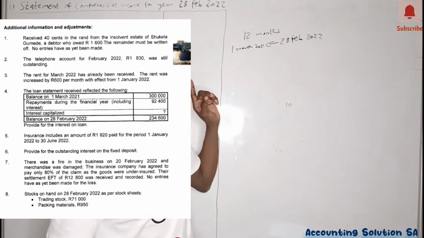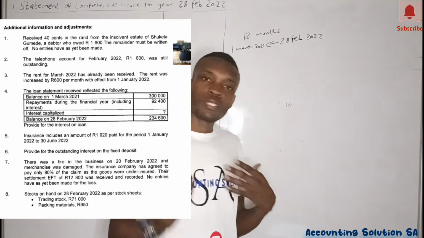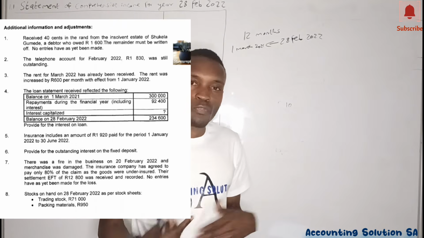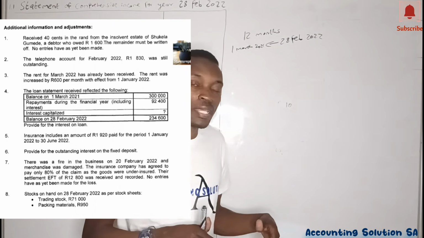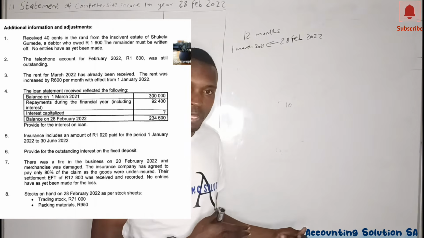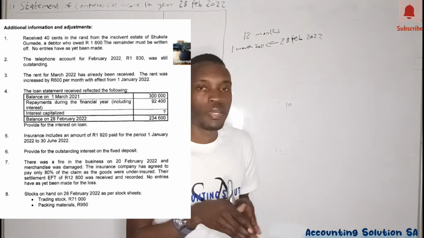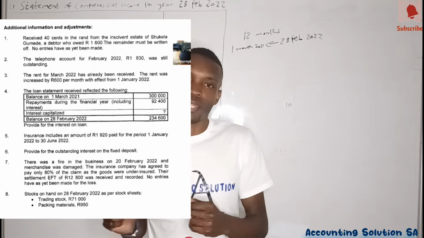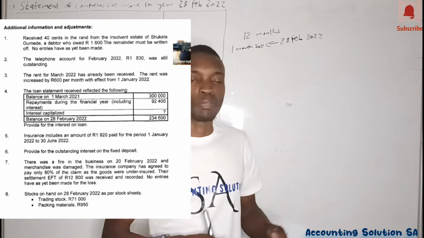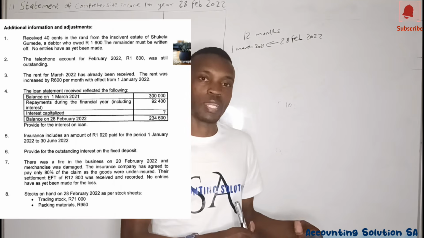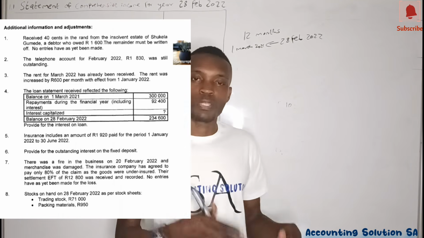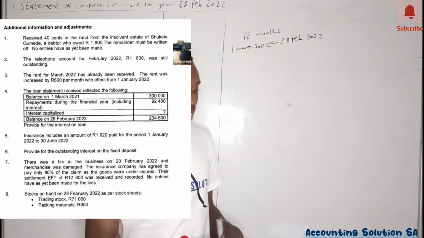What about this principle of matching concept? The matching concept said we have to record for 12 months, which means that in this case we have recorded 13 months, which means that we have to calculate that amount and go and subtract it so that it can remain 12, which means that even in this transaction, we are going to apply the principle of matching concept.